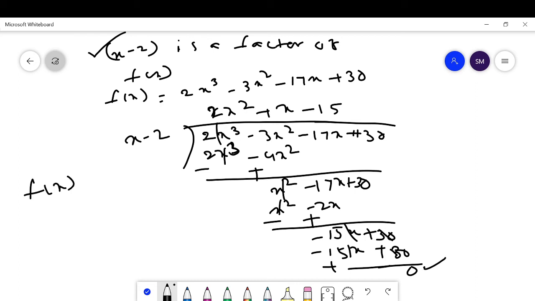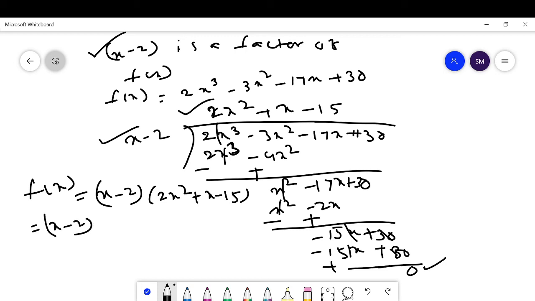When the remainder is 0, recall the division algorithm: f(x) is equal to q(x) into g(x), meaning f(x) is equal to x minus 2 into 2x square plus x minus 15.